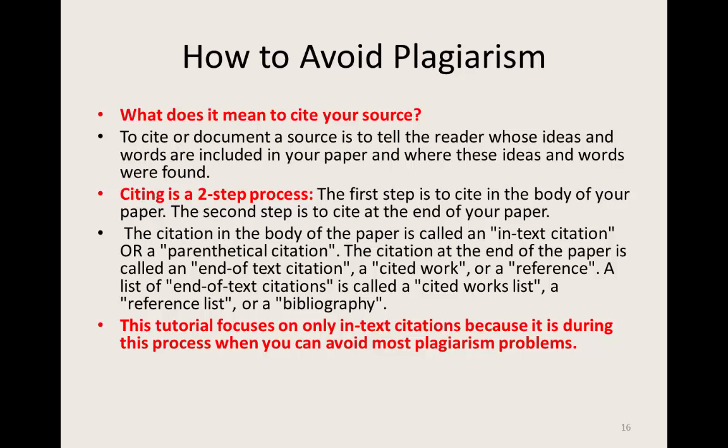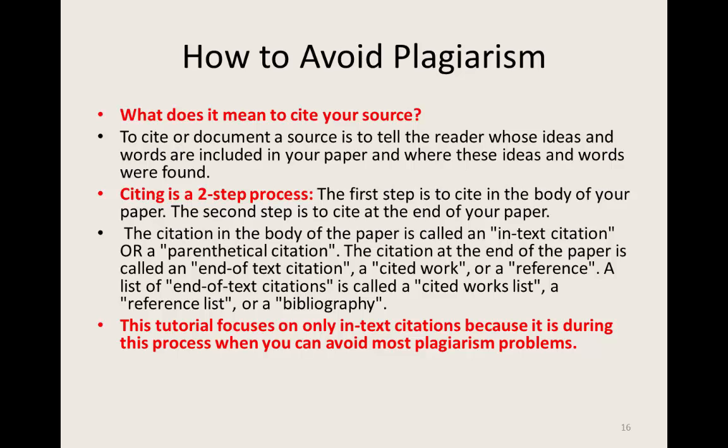Citing is a two-step process. The first step is to cite in the body of your paper. The second step is to cite at the end of your paper. The citation in the body of the paper is called an in-text citation or a parenthetical citation. The citation at the end of the paper is called an end-of-text citation or a cited work or a reference.